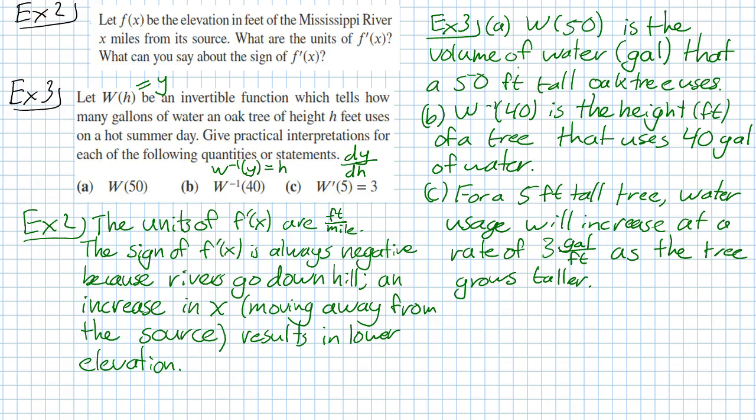So as the tree goes taller, that's why this is 3 gallons per foot. So if the tree grows 1 foot taller, like up to 6 feet, you can estimate that it's going to use 3 more gallons of water. So it's not the rate per day that it's using the water, it's the rate that its water usage per day increases per foot of the tree growing taller.